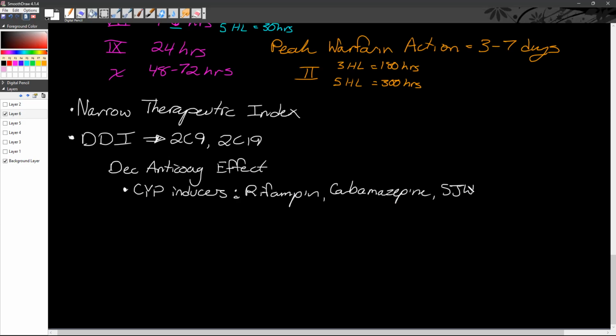Those also can induce cytochrome P450s, and so we see a decrease in the anticoagulant effect.